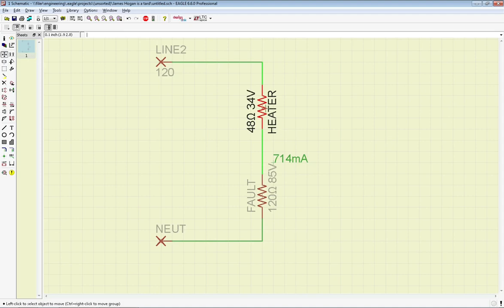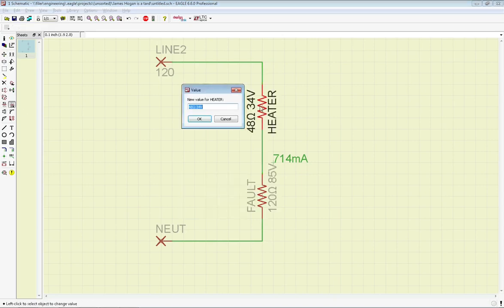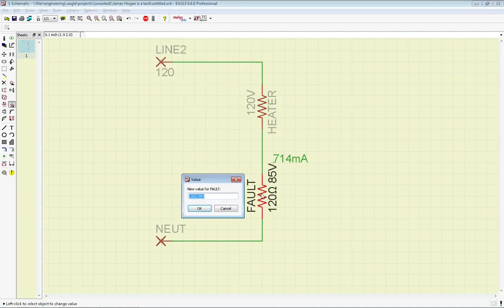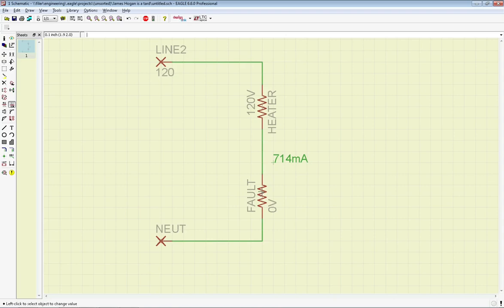That would mean this has the remainder, or 0 volts across it. Ohm's law again: if you have 0 volts across a resistor and there is current flowing through it, you can't do that. To have 0 volts across this, the resistance is 0 ohms.